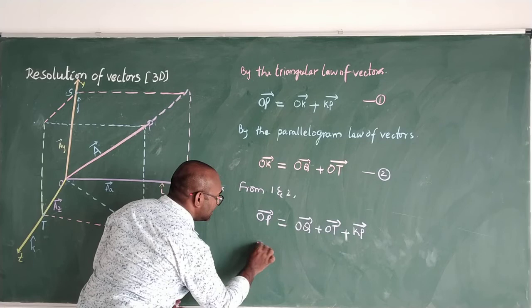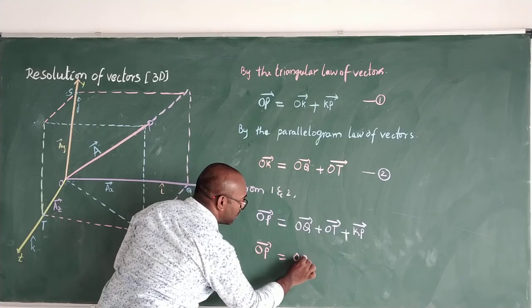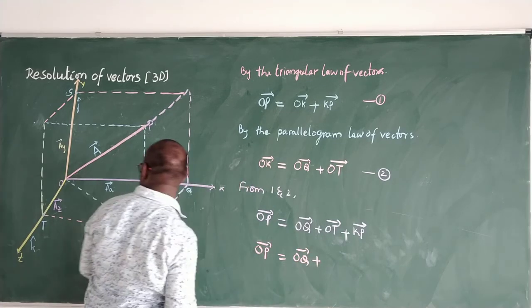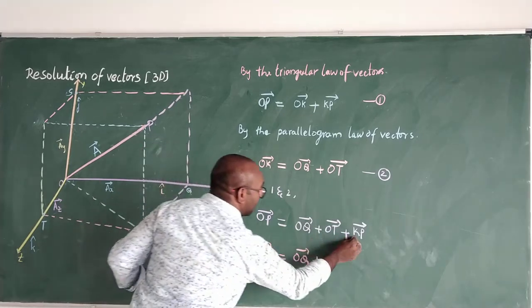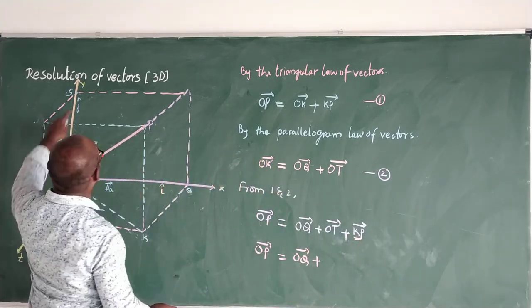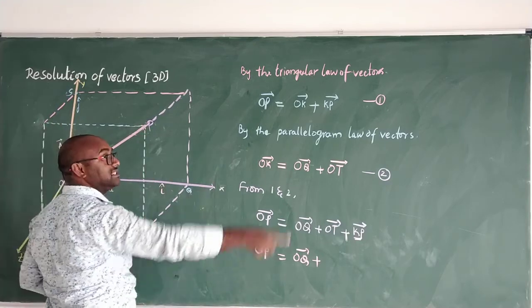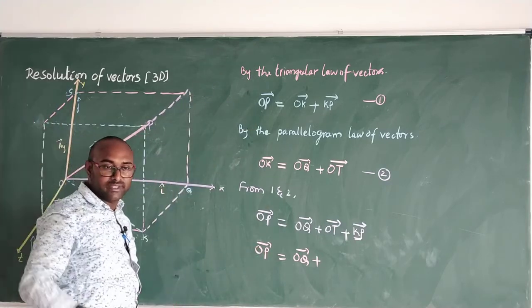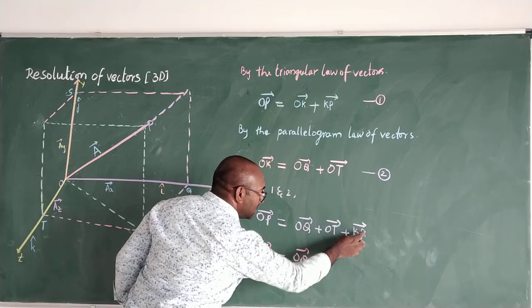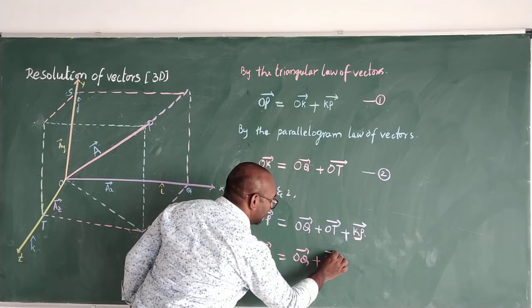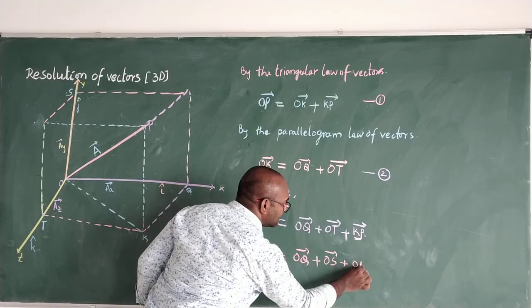OP vector is equal to OQ vector plus, instead of KP, OS. Can I write? Why? Because KP is equal to OS. This corner height and that corner height will be same. So instead of KP I am writing OS, plus OT at last.